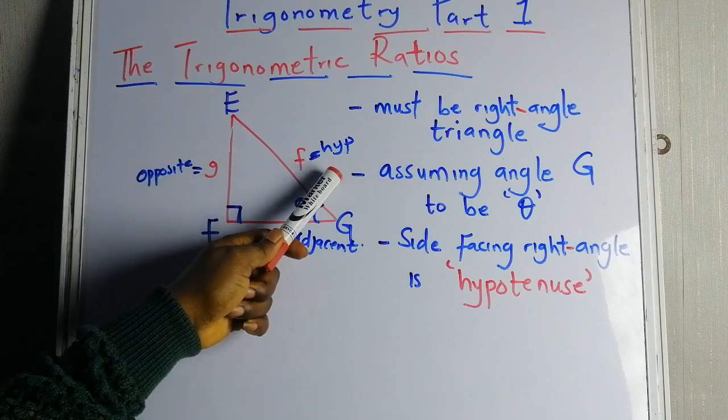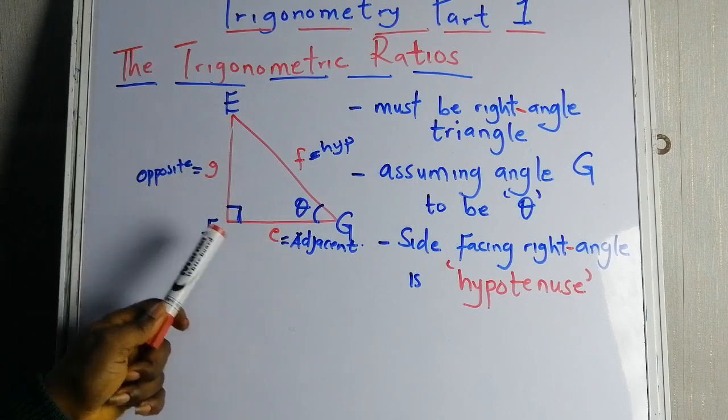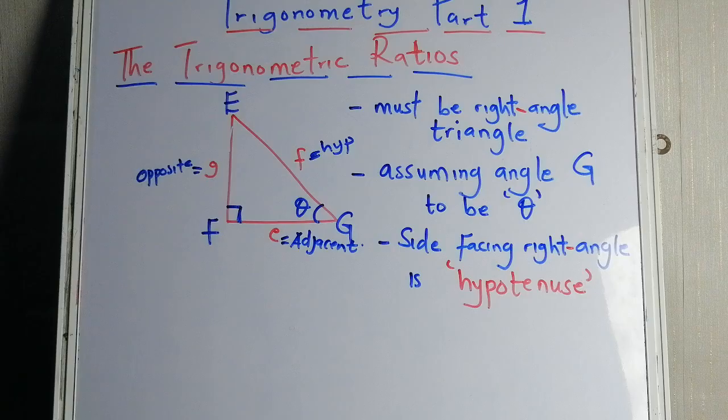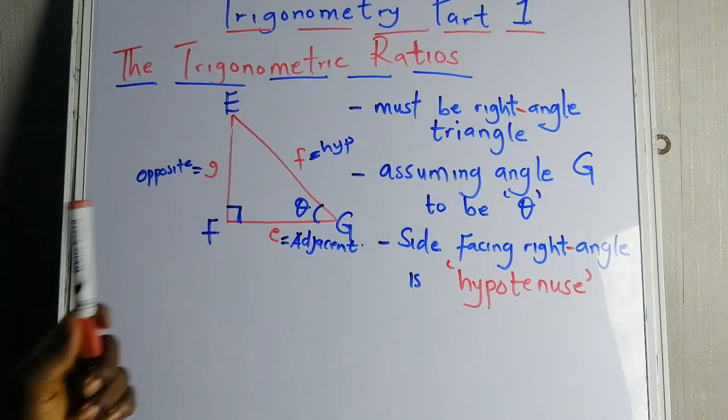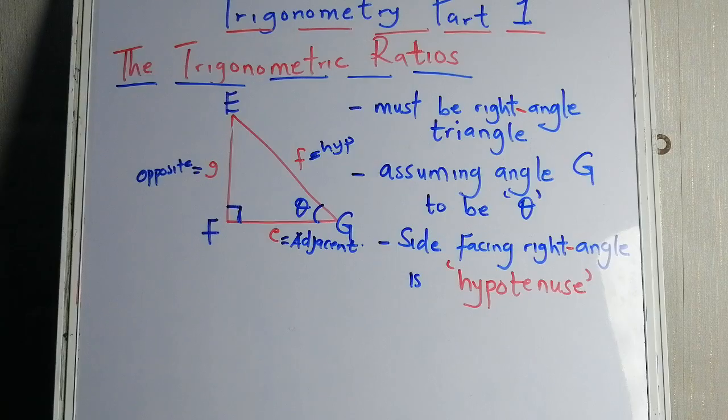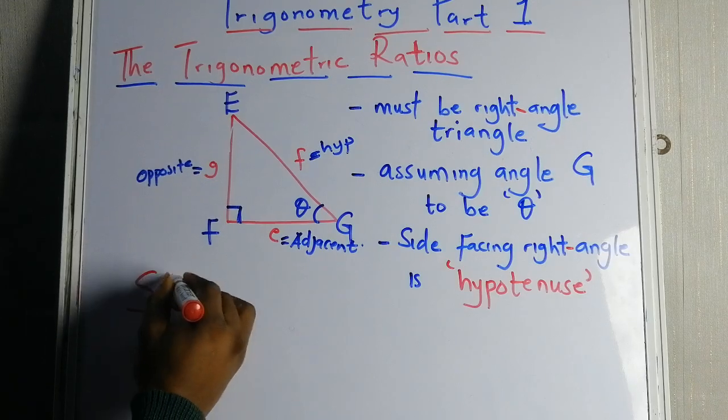If you can identify the hypotenuse, you can identify the opposite, then identifying the adjacent will be very easy. Note, the side facing the right angle is the hypotenuse. Very simple. And we already know what we call SOHCAHTOA.